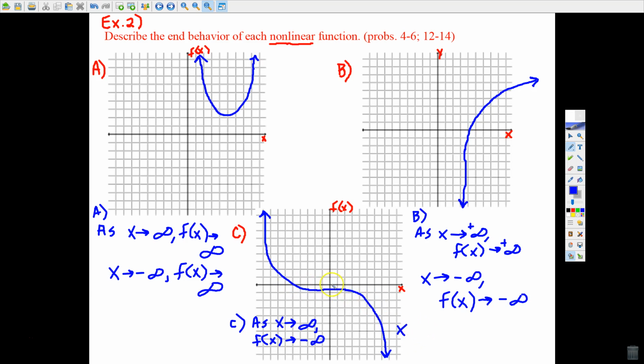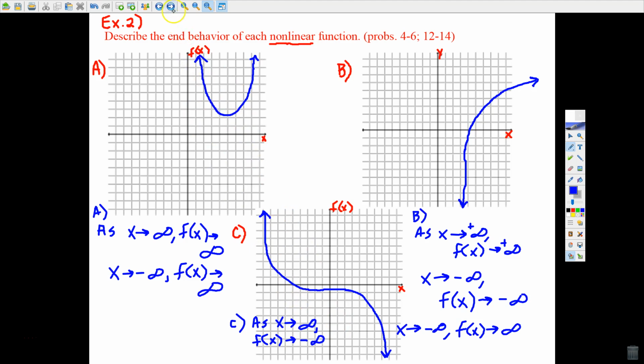As the values for x approach negative infinity, going this way, the values for y are approaching positive infinity. The y values are traveling in an upward direction, which indicates positive infinity. So that would be my final answer for letter C. Don't forget to do the right end behavior, and then also include the left end.